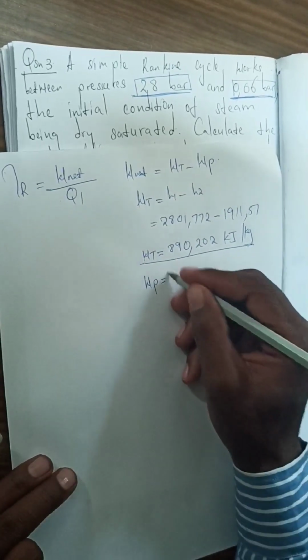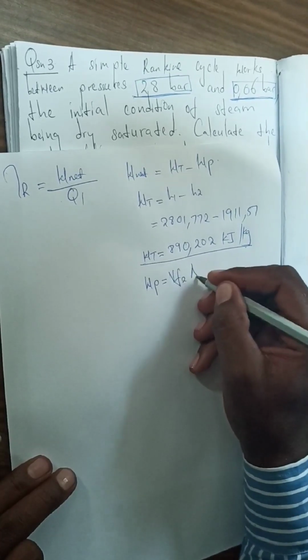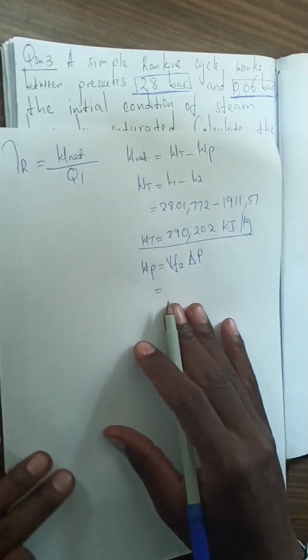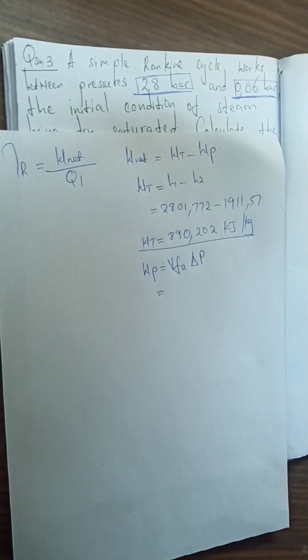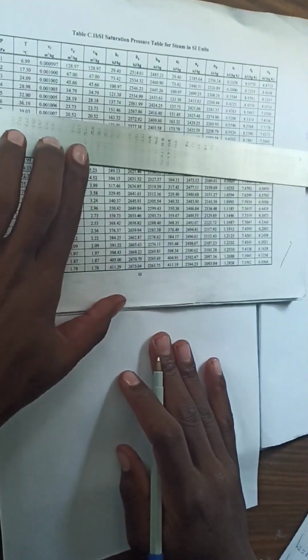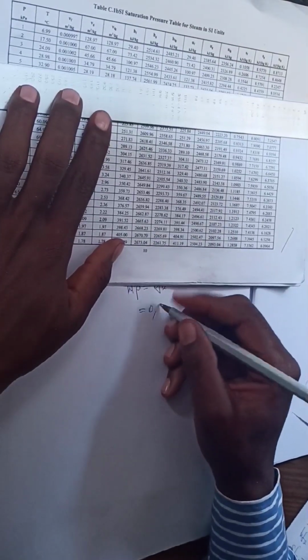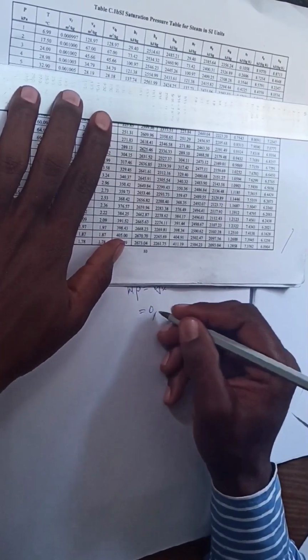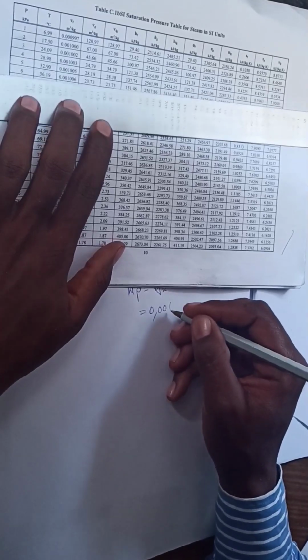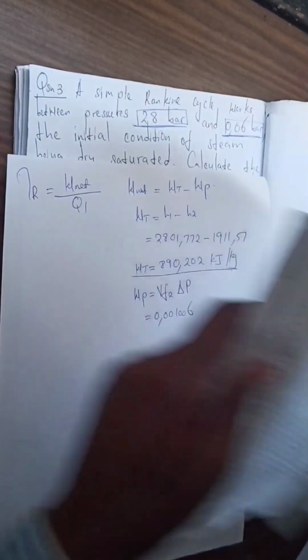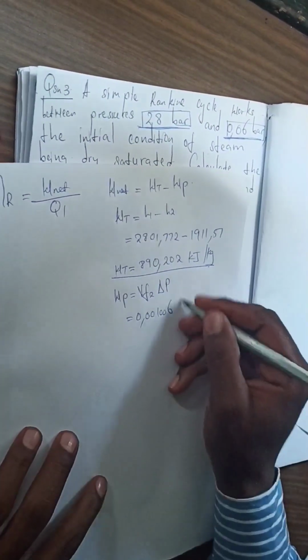After getting this work turbine, you have to find work pump, where our work pump formula is VF2 multiplied by the change in pressure, whereby for this VF2 we are just going to take our steam table and go on 6. On 6 here, we see that our VF2 is 0.001006. Then we have to multiply it by the change in pressure.